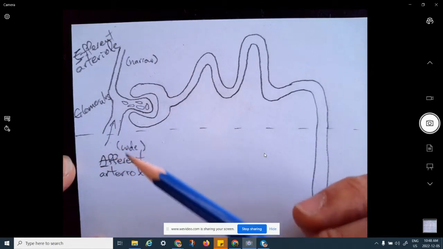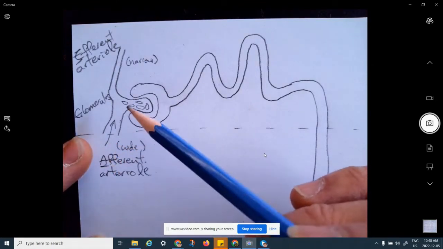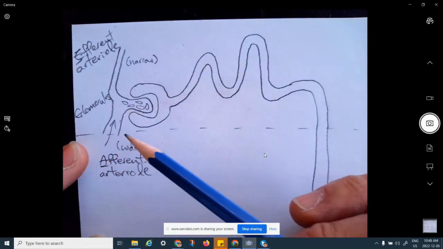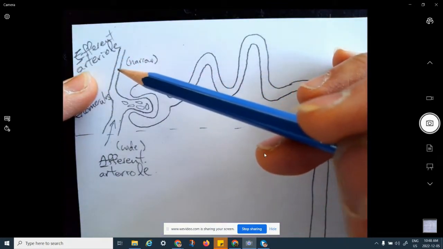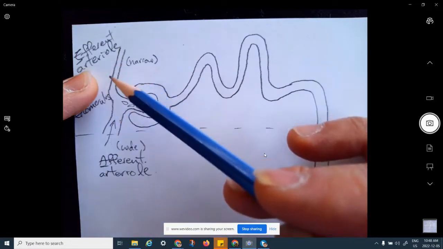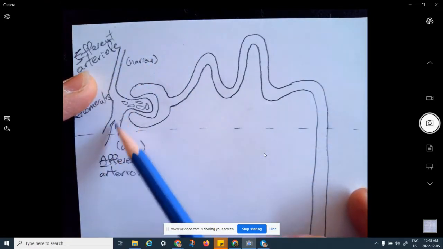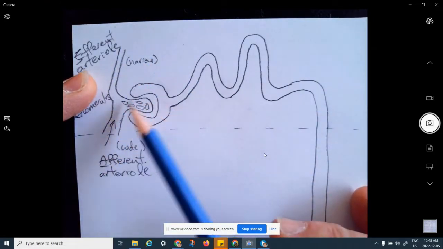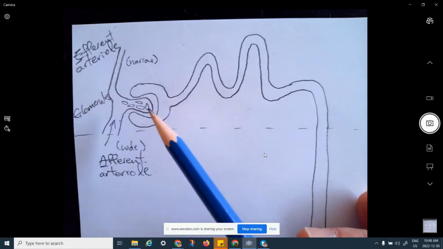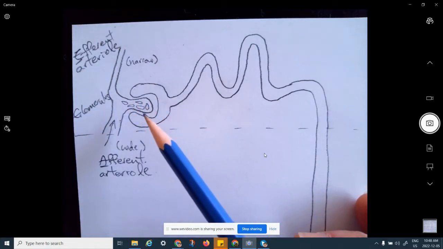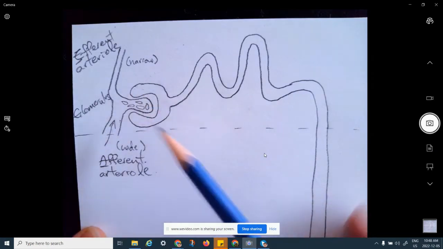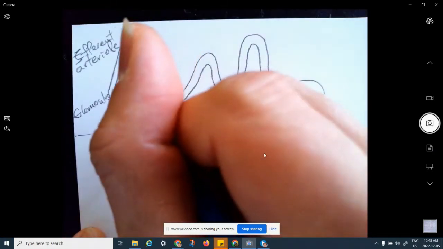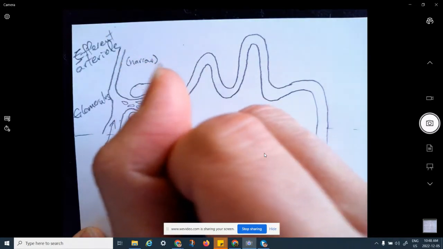This is also the reason why the afferent arteriole is wider and the efferent arteriole is narrower, because there's a lot more blood pressure on this part here. So it will be pushing those fluids out of the fenestrations into the Bowman's capsule.